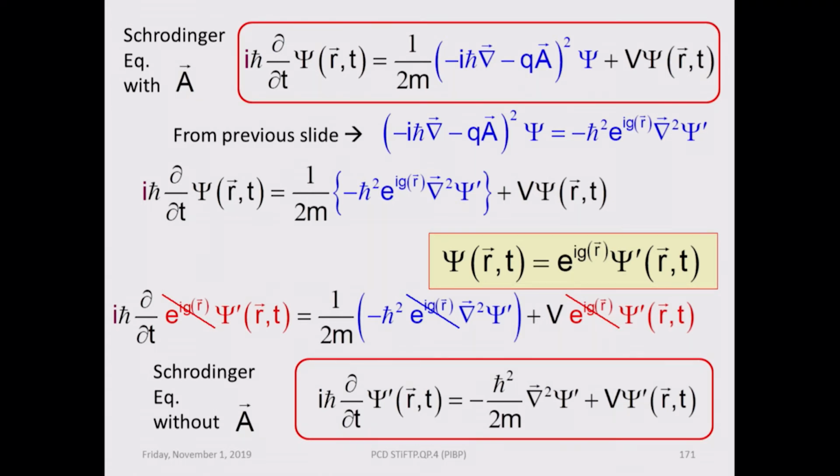So, in other words, this e to the i g r is coming out like the Aharonov-Bohm phase. Okay, that is the phase difference which the vector potential introduces. So, if you do this experiment, Young's double slit experiment, without any current in the solenoid and with the current in the solenoid, you are introducing a vector potential, and what this vector potential is doing is to introduce a phase in the wave function.